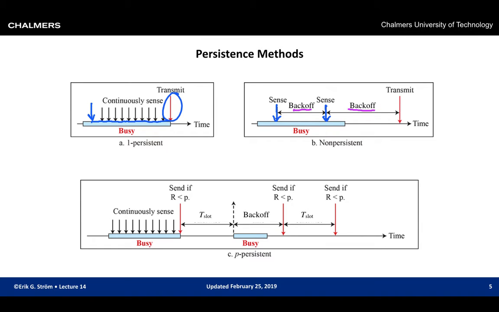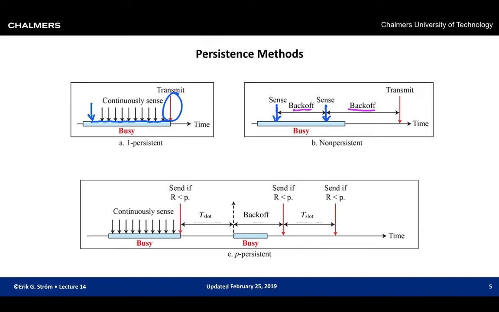And you see here that the back-off time is random, so it's different from time to time. It's not a fixed amount of time, it's randomized. Every time we go into back-off, we wait a random amount of time. And in this case, we did a back-off to this time, and then the channel is idle, and then we transmit. Okay, and then P-persistent is the following.